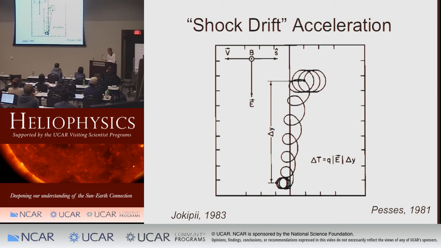So shock drift is in there. If you look at acceleration at a shock by different observers, each observer would have a different interpretation of how much of the acceleration was first order Fermi and how much was shock drift. So it's an observer-dependent division between those two processes. Really, they're just part and parcel of the same acceleration process.